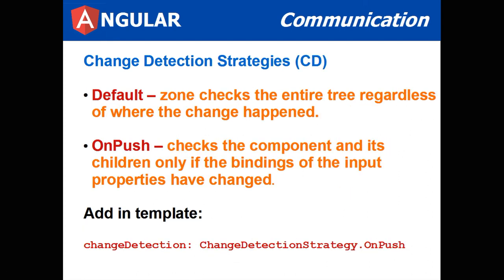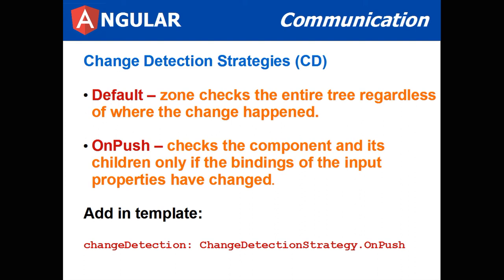Now there are different change detection strategies. You have a default, where the zone checks the entire tree regardless of where the change happened. Or you have OnPush. It checks the component and its children only if the bindings of the input properties have changed. So in the template, you can define the change detection strategy as OnPush.